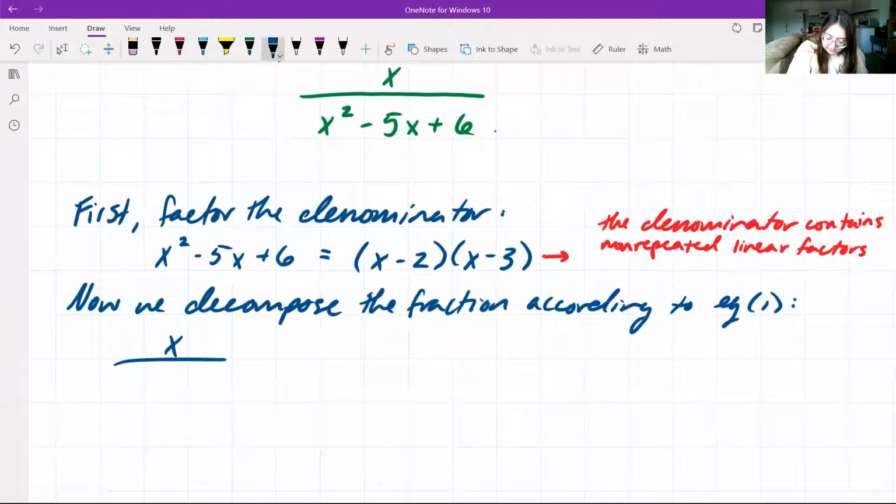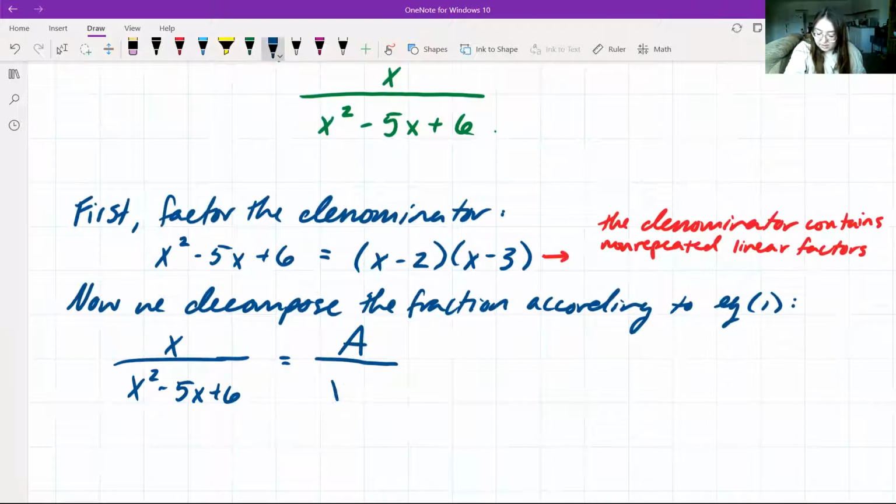So our fraction, which was x divided by x squared minus 5x plus 6, we are going to end up decomposing into A divided by x minus 2 plus, and instead of writing a sub 1, a sub 2, a sub 3, which I find quite confusing, we're just going to write A plus B. So our fraction is going to decompose into A divided by x minus 2 plus B divided by x minus 3. And now our job is to solve for A and B.